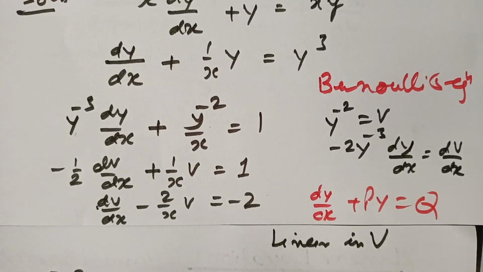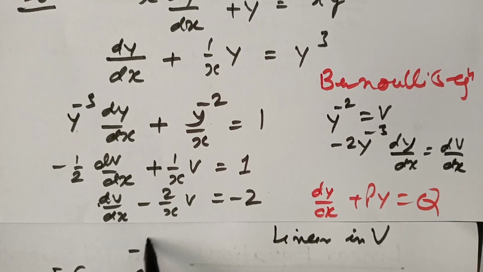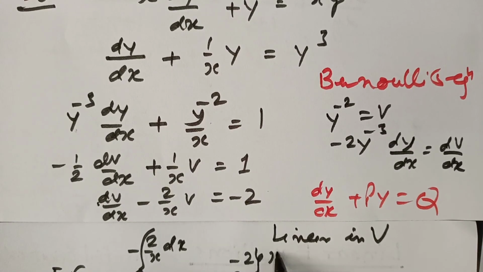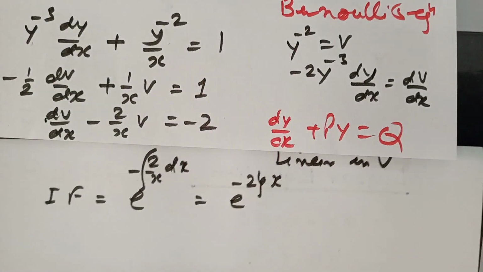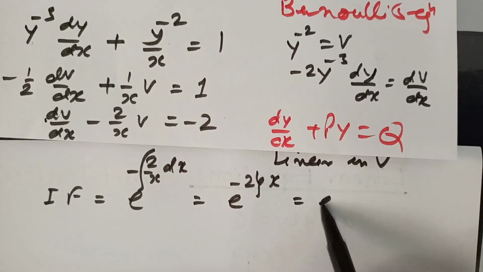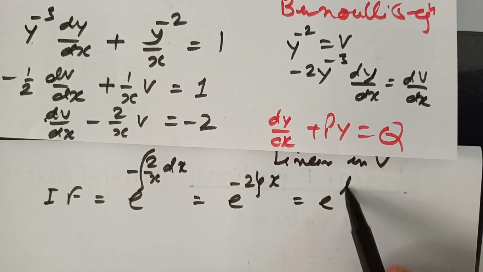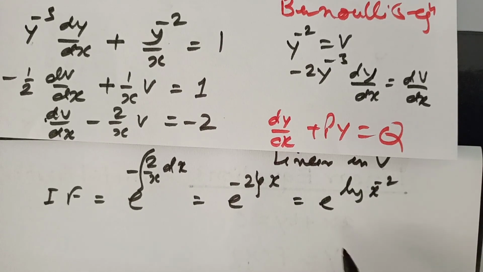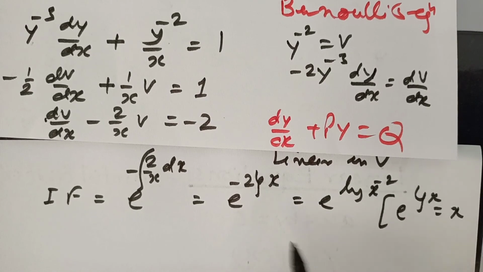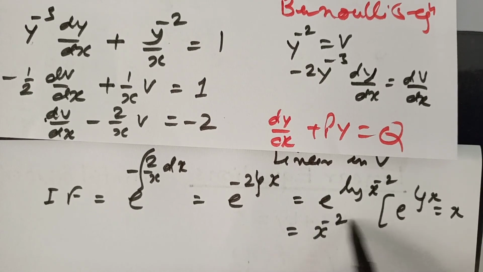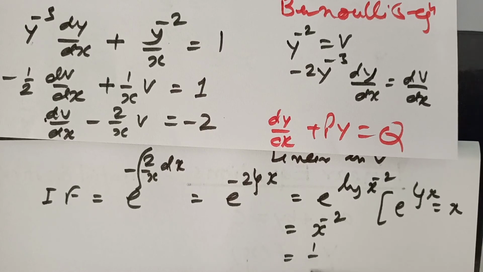Okay, so the integrating factor is e to the power integral of minus 2 upon x dx. So this is e to the power minus 2 log x. We know the property of log, so e to the power n log m is equal to m to the power n. Again, since e to the power log x is equal to x, this is x to the power minus 2, or 1 upon x square.